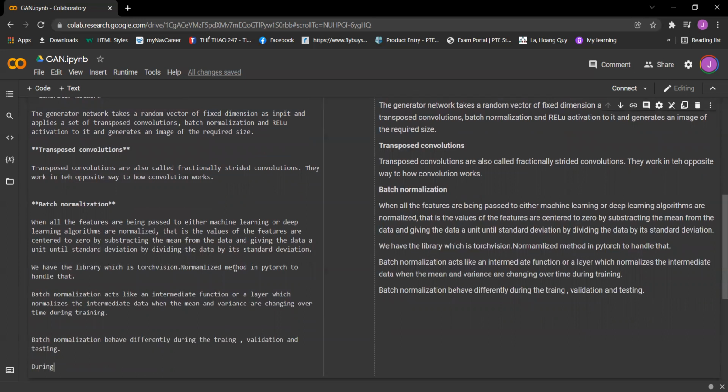During training, the mean and variance are calculated for the data in the batch.